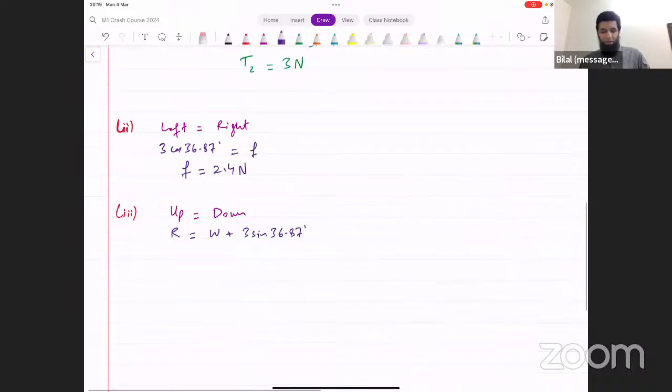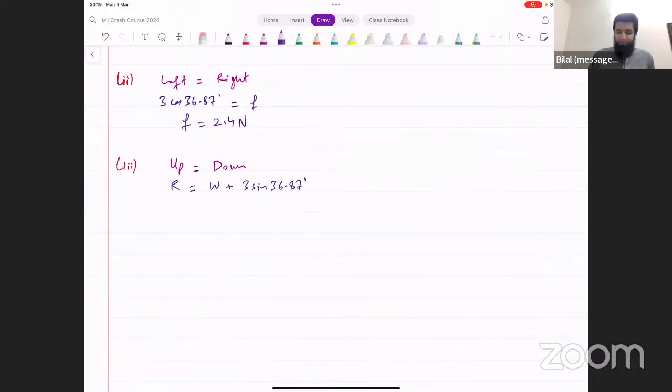So what we can do now is, we already have F equals 2.4. Since F equals mu R, we can say 2.4 equals mu into R. Mu is 0.75, so we can find the value of R from this.